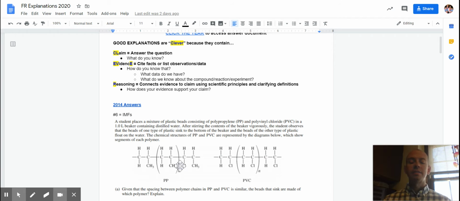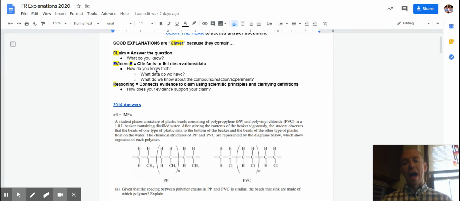The evidence, in this case, is things that I know about the mass and the structure of these compounds. Well, they have the same structure and same spacing, but it's a chlorine rather than a CH3. Does that play in with IMFs? Does it play in density and mass, atomic structure? What specific thing makes it different? So look at that. Cite the evidence or facts that we know.